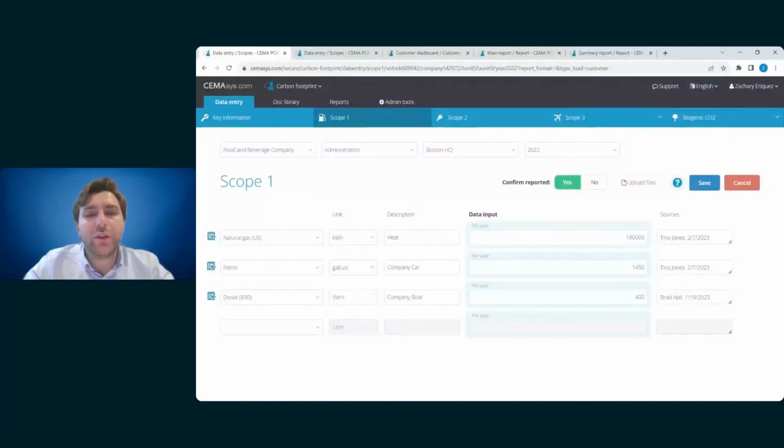Great. So now taking a look within our system here, we're within our carbon footprint module. So you can see at the top of the screen, we have our data entry tab, and this is where we'll be entering all of our activity data. But we also have a documents library, which stores all of your important documents, a reports tab, which I'll cover briefly in a moment, and then administrator tools, which allow you to change certain settings regarding your company's structure.